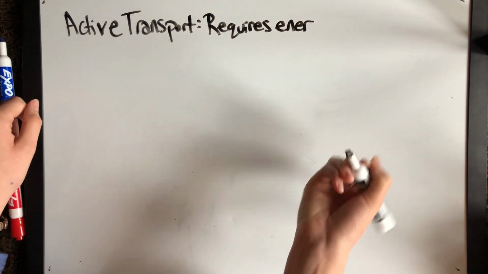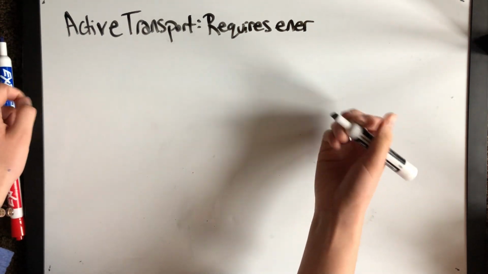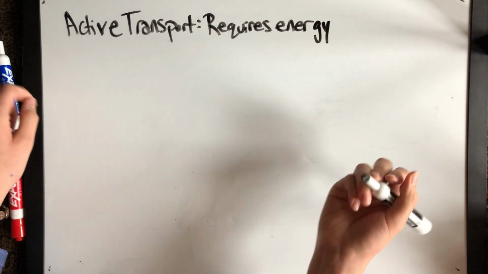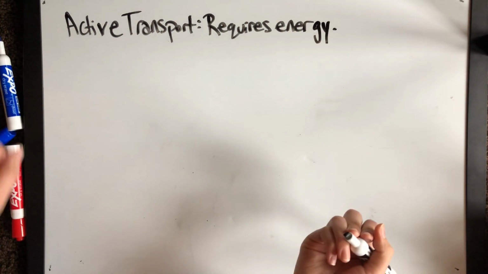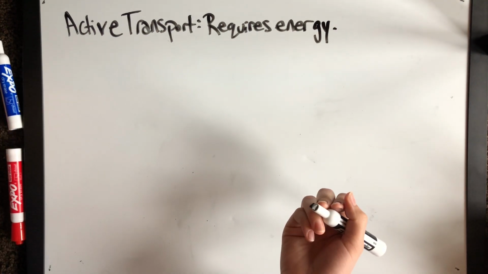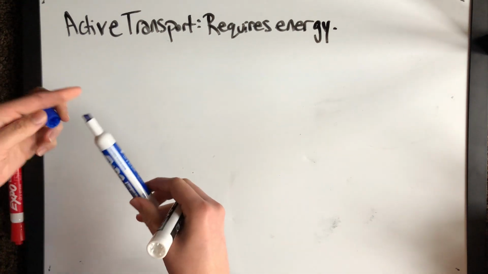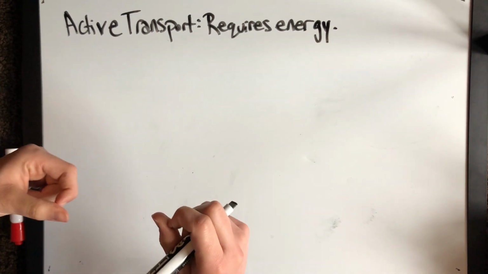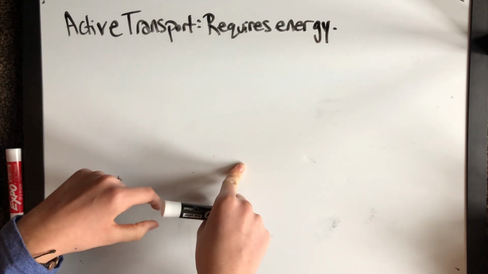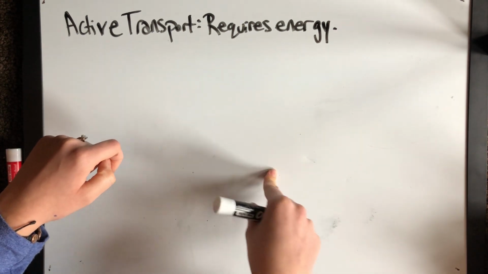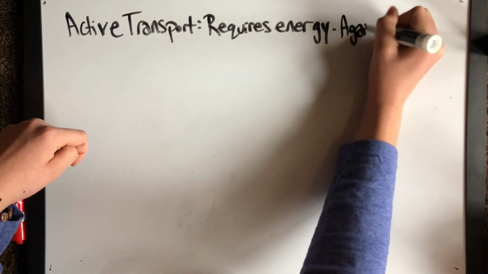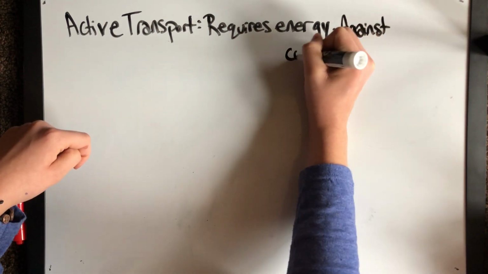It's different for secondary and primary, so that's why I'm just saying energy, and we'll get into what type for which one. The reason why it requires energy is because we're moving things against their concentration gradient. Naturally, things are going to want to go along their concentration gradient, and we're forcing them against their will to where they don't want to go. So we need energy to do that. So we're going against the concentration gradient.